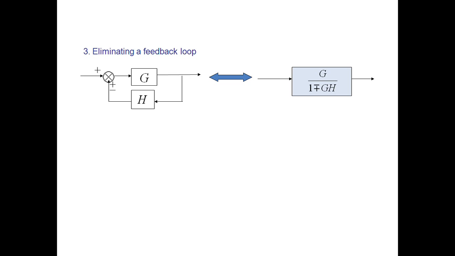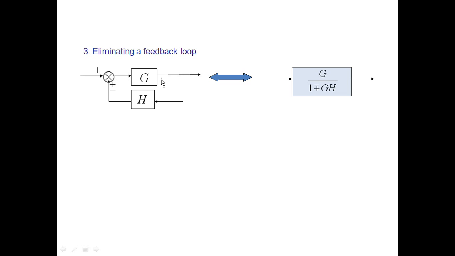Next is the feedback loop. Here, just look at the signal flow. In gain G, it is from left to right, but for the feedback it is from right to left. So the output gets fed back and compared with the reference input, and it gives the error signal.